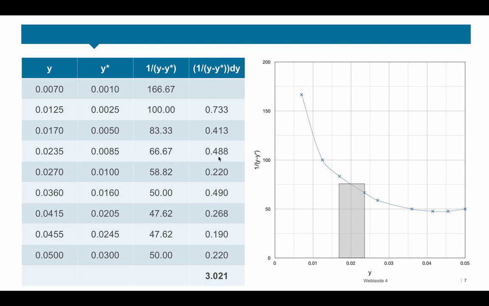So the way that we calculated that number is the average of these two numbers multiplied by the difference between these two numbers. And we just go down this column, calculating the area of those rectangles, which approximates the area under this curve. When we sum those up, we get our numerical approximation to the area under the curve.